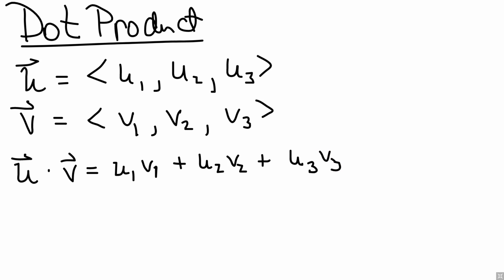Now, in this general formula, I'm doing it with a three-dimensional vector, but you could do the dot product with a two-dimensional vector also. So don't think that it's limited to only 3D. You can do 2, you can do 3, you can do 4. Any questions there?